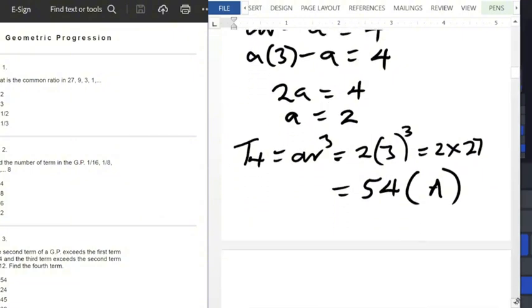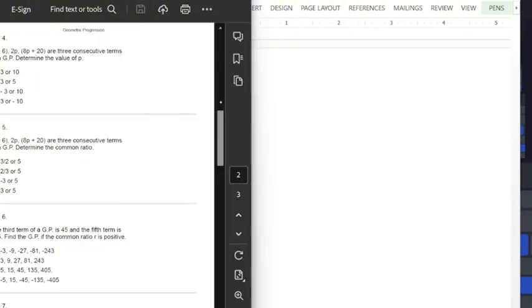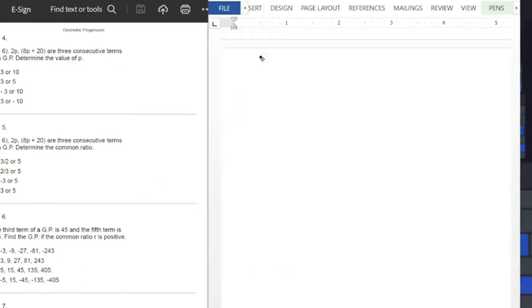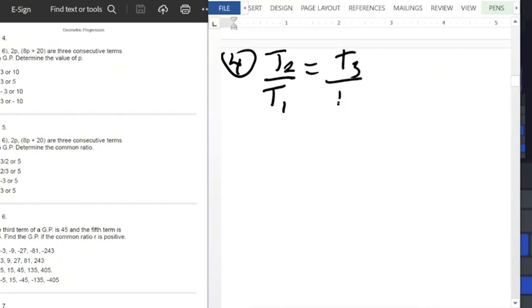Then question 4. So question 4 is P minus 6, 2P, 8P plus 20 are 3 consecutive terms of the GP. Determine the value of P. So to determine the value of P, that means we are going to look for the common ratio. So the common ratio will now be T2 all over T1 equals T3 all over T2.